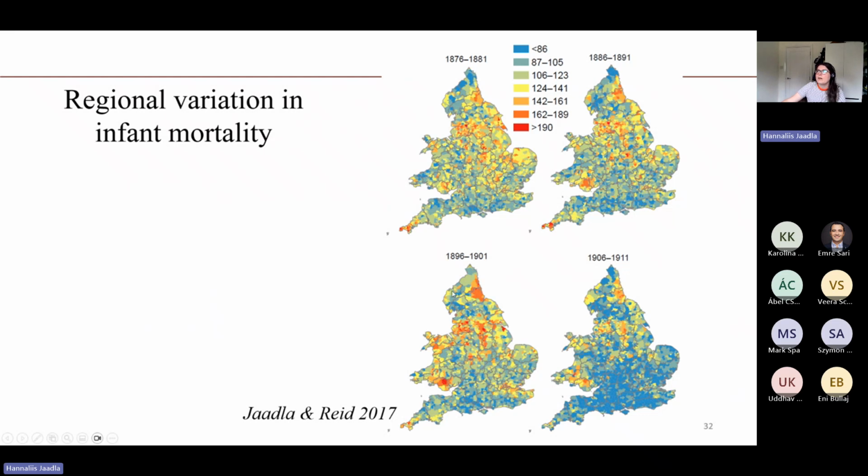But if we think about geographical inequalities, looking at this map, we think there are quite considerable differences. You could get levels of less than 90 per thousand infant mortality compared to places, districts, with almost over 200 in England and Wales.